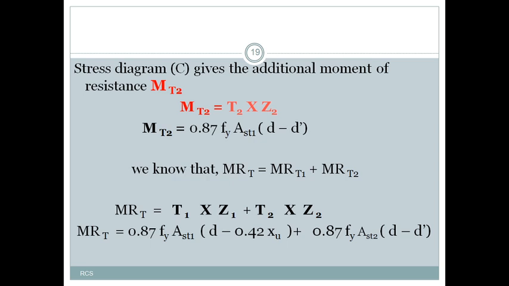For analysis purposes I have shown in the figure 3 here and 2 here. But if you have 7 bars, we cannot provide 4 here and 3 here. On what basis can you provide them? So we cannot decide what AST1 is and what AST2 is. That's why we cannot use this moment of resistance formula for calculating the moment resisting capacity of a beam with respect to tension.